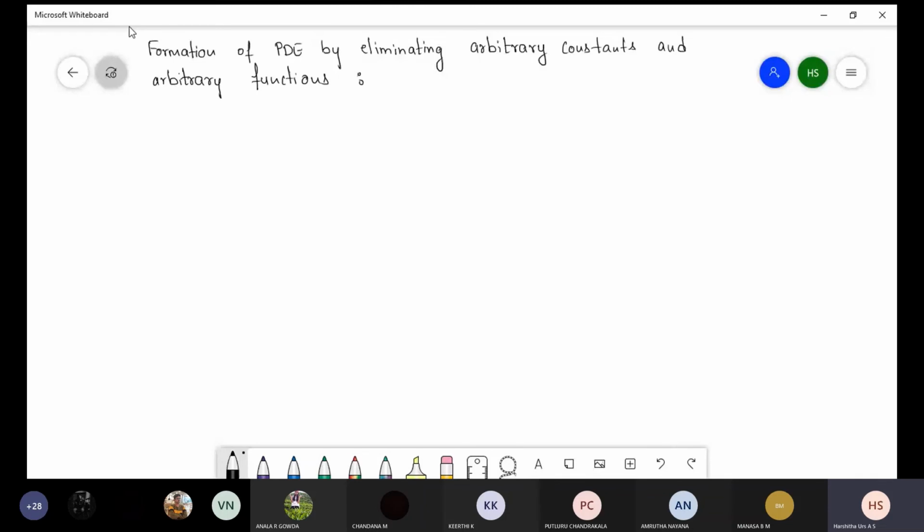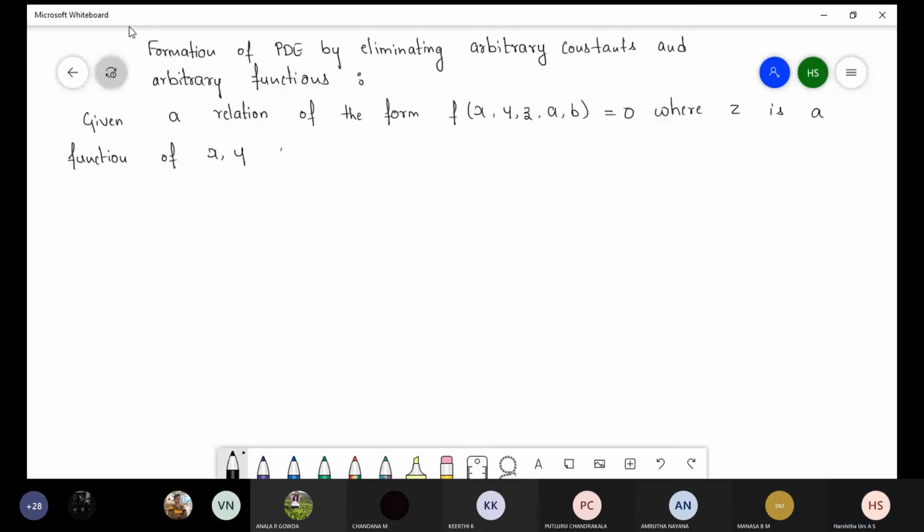So write the procedure. Given a relation of the form f(x, y, z, a, b) = 0, where z is a function of x, y, and a and b are arbitrary constants. What we have to do?